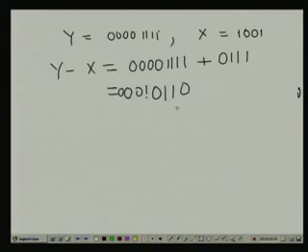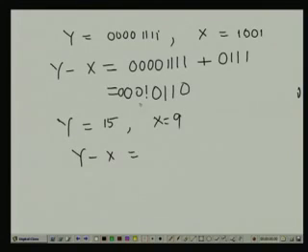So, what will be the value? See, here y was 15, x is 9. What is y minus x?